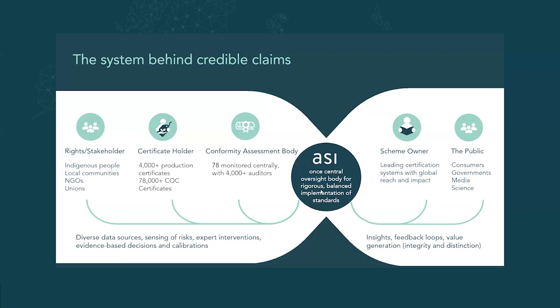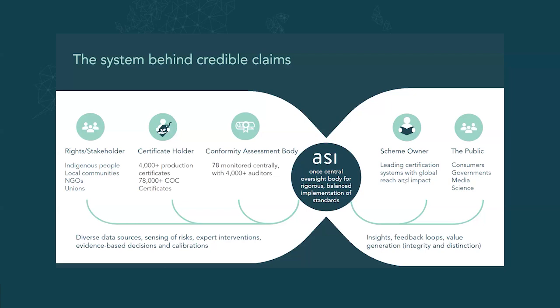And we do so through connecting all parties and collecting data, information on risks, for example, from rights holders, stakeholders, but also data points from certificate holders, and of course, performance data of CABs. And we consolidate this information, feed it back to the scheme owner to share insights, learnings, maybe also giving them feedback on the auditability of standards or any gaps that need further calibration or clarification.